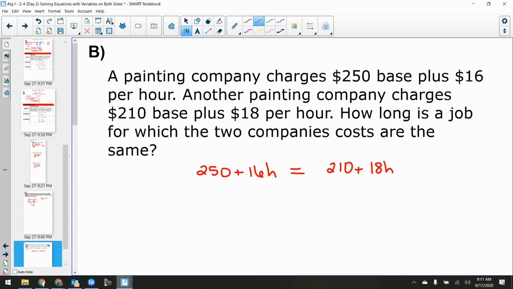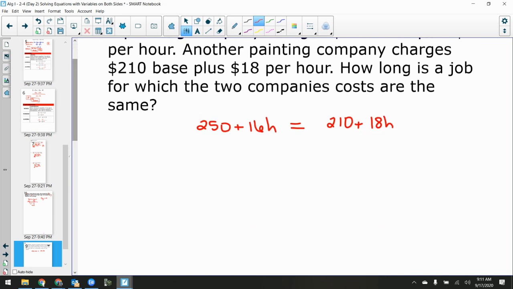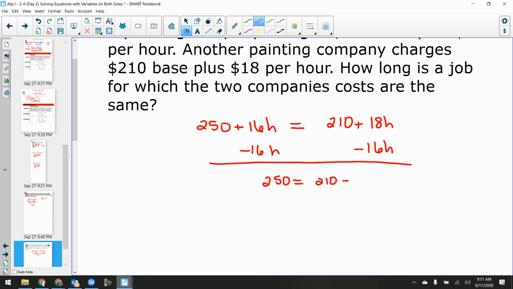So let's solve this equation here. The little guy is 16h, so we subtract 16h from both sides. We get 250 is equal to 210 minus 2h. And then we subtract the 210.